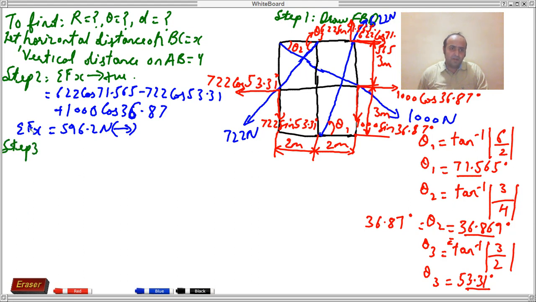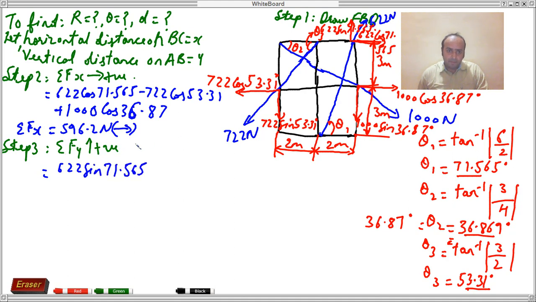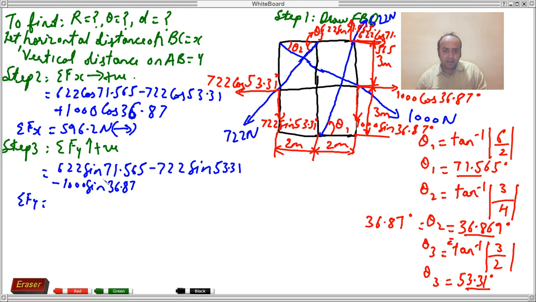Step 3 is summation Fy, acting in upward sense as positive. So it will be again, one by one, we will be taking 622 sine of 71.565 minus 722 sine of 53.31 minus 1000 sine of 36.87. So here it is, summation Fy is equal to, I can write it down now, do the calculation.